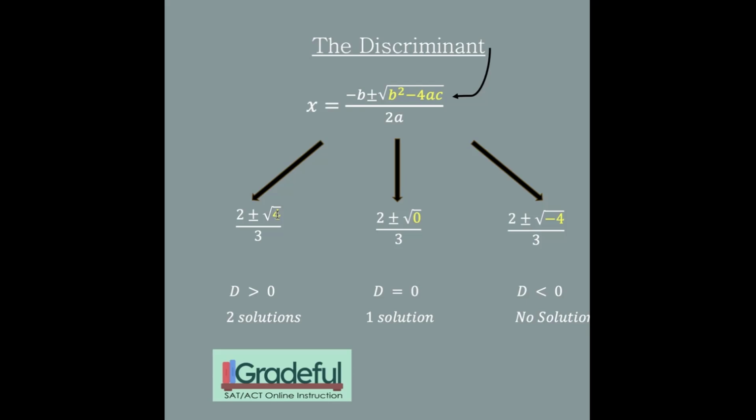If you have a positive under the radical, you'll have 2 solutions because you'd be adding and subtracting. A 0 under the radical, you'd have 1 solution because you wouldn't be adding or subtracting. Here, the answer would just be 2/3 in this sample. And if you had a negative under the radical, you'd have no solutions because you're not allowed to have a negative under a radical.